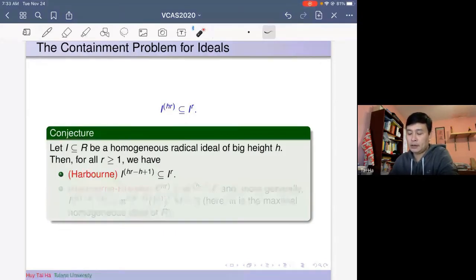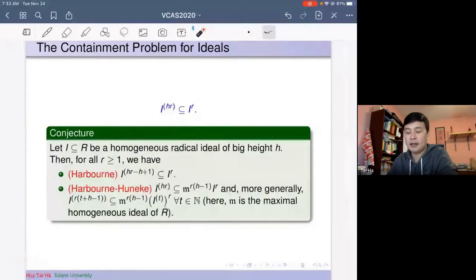And then there's a conjecture by Harbourne and Huneke, which says that, well, if you keep the left-hand side fixed, then one can make the right-hand side smaller by multiplying with an appropriate power of the maximal ideal. So the hr-th symbolic power of I is contained in M to the power r times (h minus 1), I to the r.